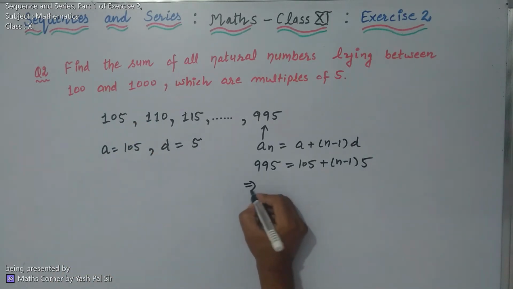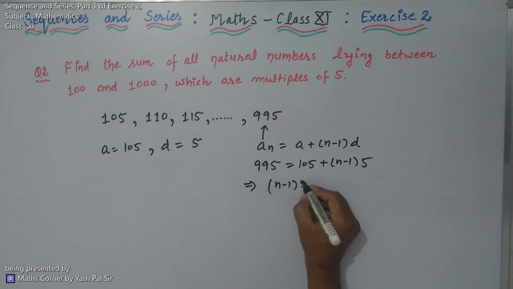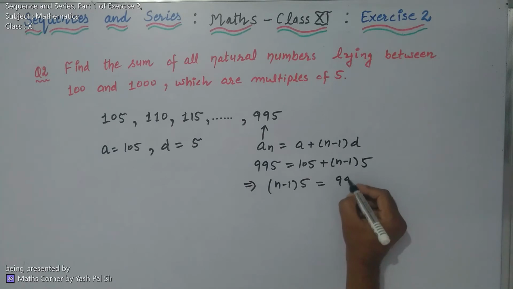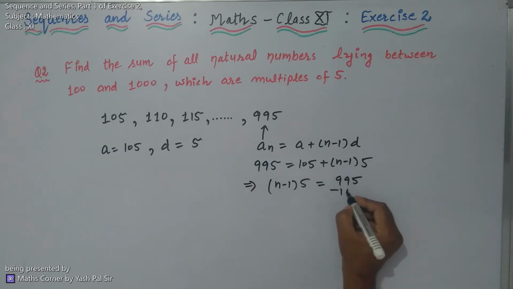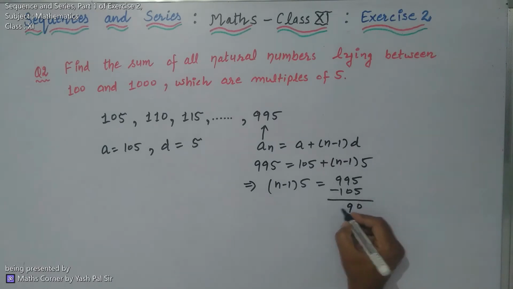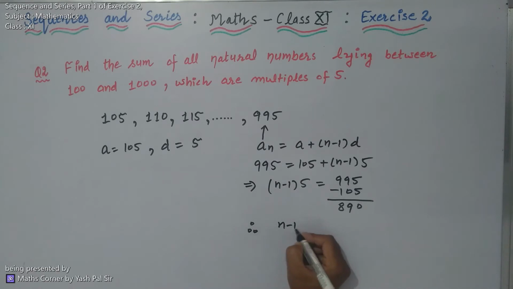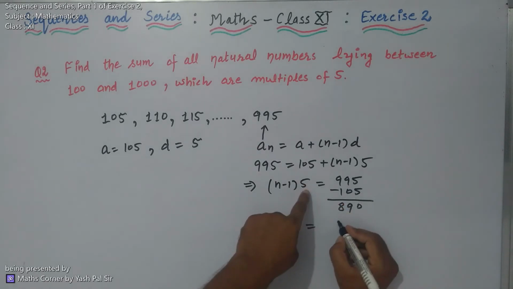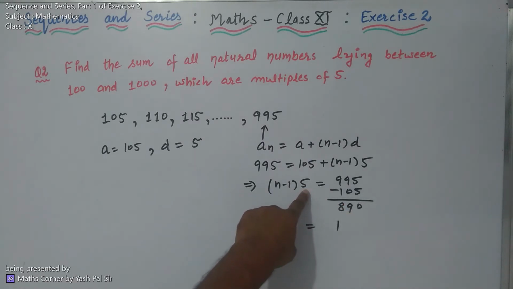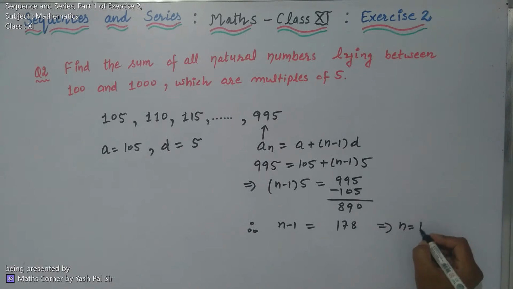So this becomes n minus 1 into 5 is equal to 995 minus 105, which is equal to 890. So n minus 1 is equal to 178, which implies the value of n is 179.